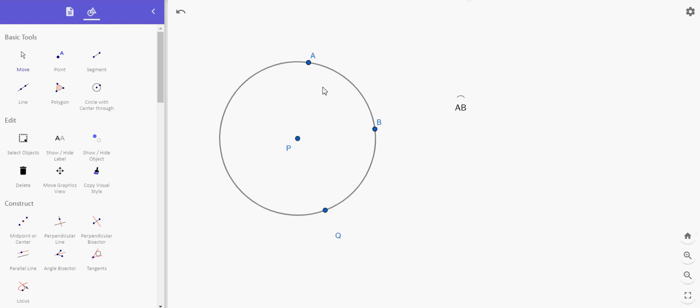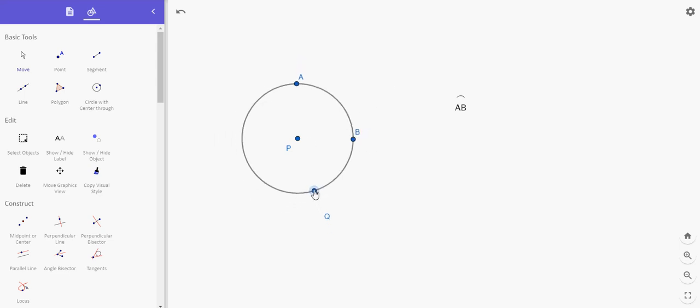Now the big question for us is, how are we going to measure arcs? So when we think about measuring things, we usually think about units. A natural idea would be to measure the length of this arc. But one problem with that is that, let's say we have this arc here from A to B, and we measured its length.